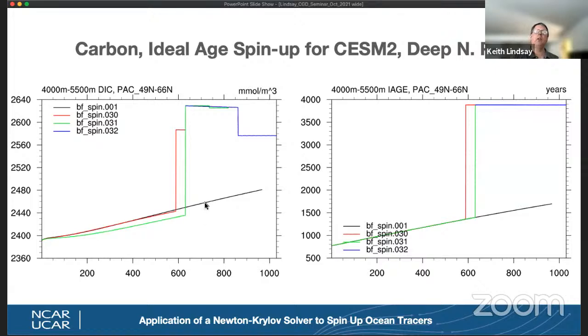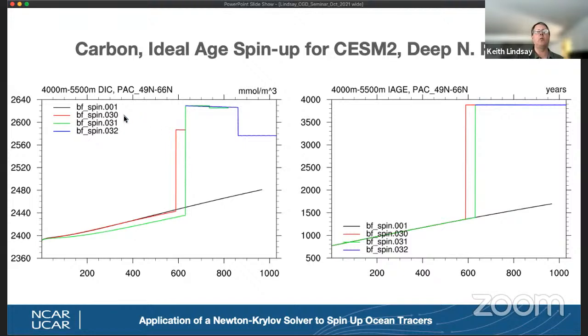At some point, we realized that there was a lot of drift, for instance, in oxygen, and oxygen was going to zero in wide swaths of the ocean. So we had to step back and do some modifications to the BGC tuning to compensate for weak ventilation of the deep Pacific that was evident in our long spin-up runs. By the way, these are model years on the horizontal axis.